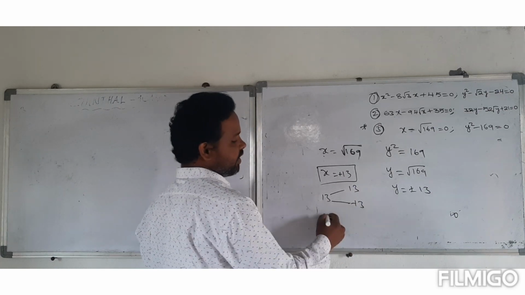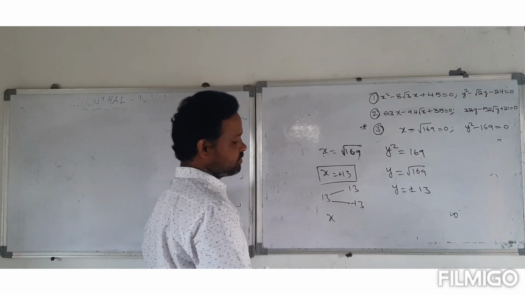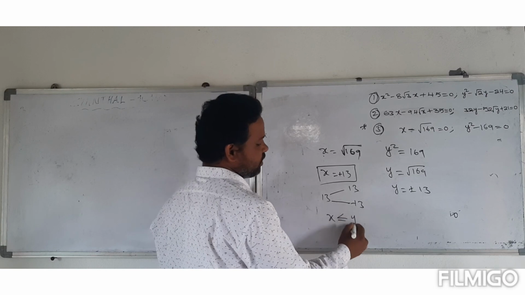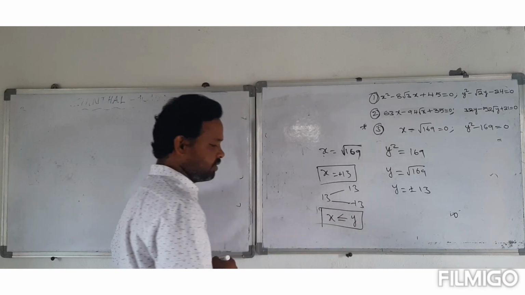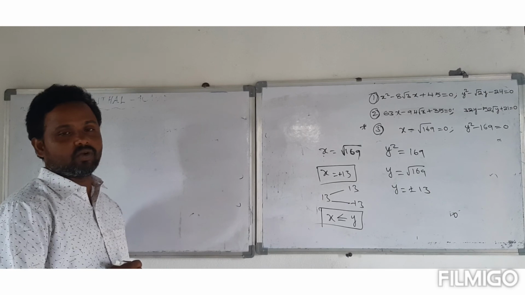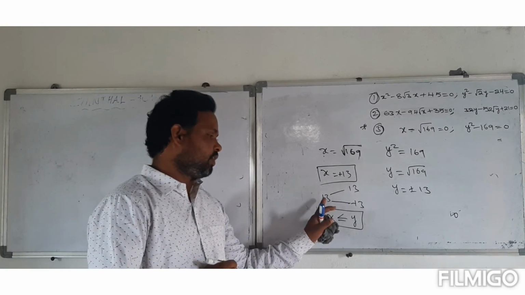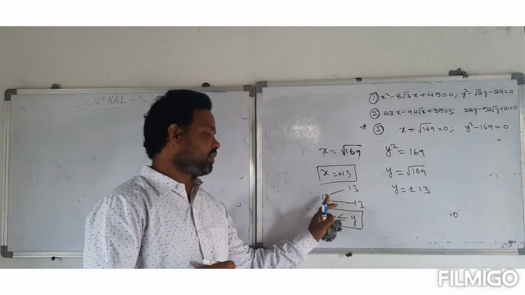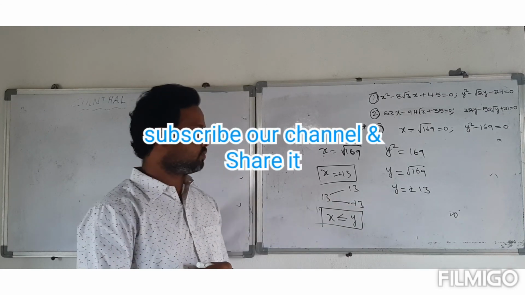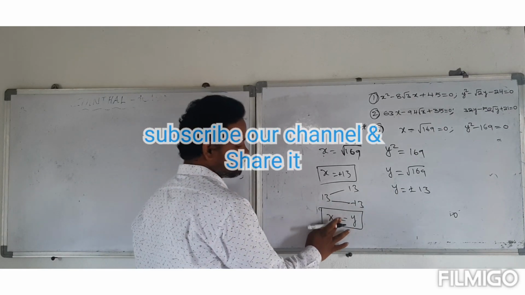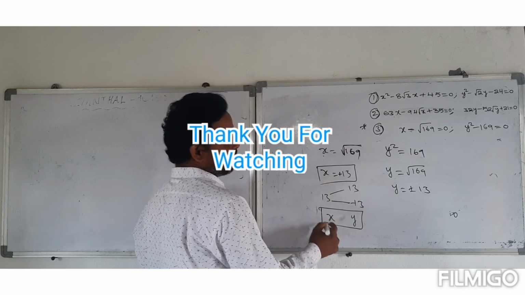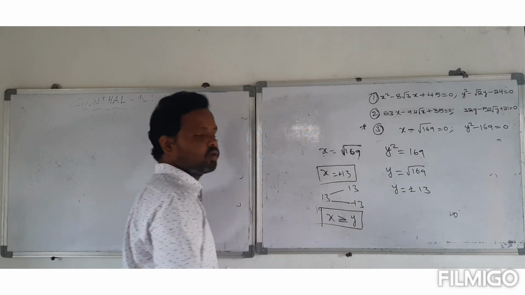It means x is less than or equal to y. Why? Because x is equal here, in the other case less. Sorry guys. X is greater than or equal to y.